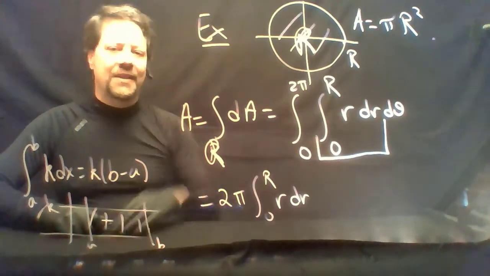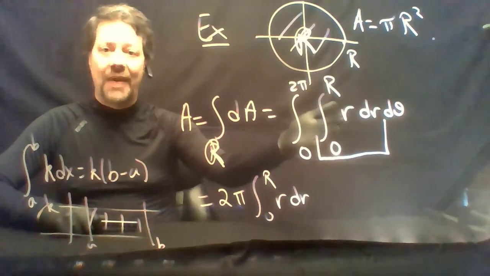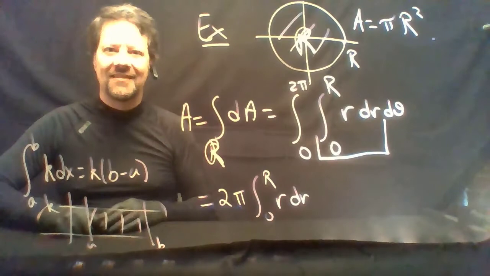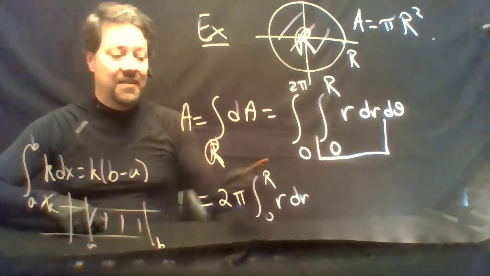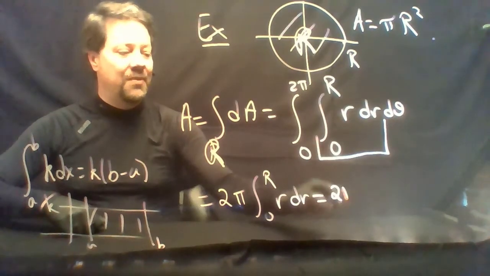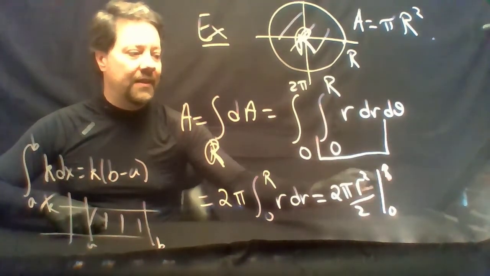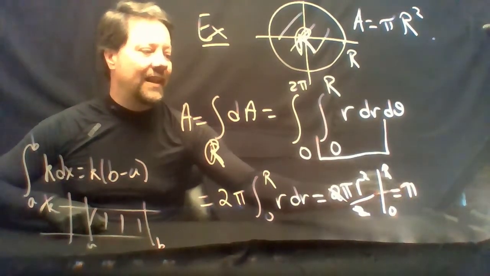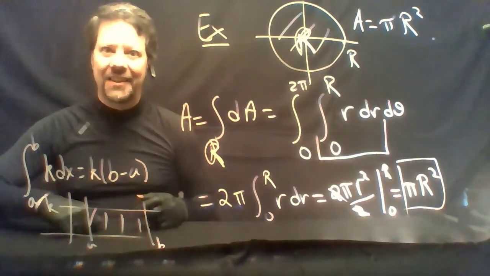And if you integrate with respect to theta first, there are no thetas, so you end up with whatever you have, r, times the length of the interval, 2 pi. Either way, you get the 2 pi for free. Now, we have 2 pi, r squared over 2 evaluated from 0 to big R. The 2's cancel, and when we evaluate, we get pi r squared. Go figure.